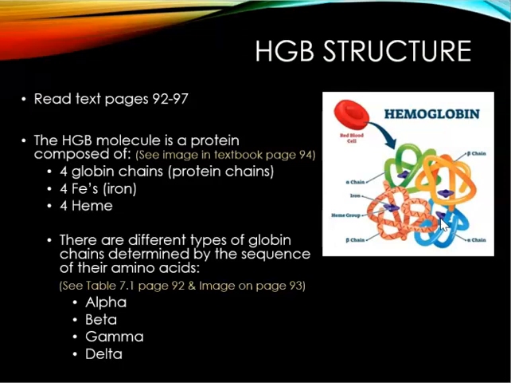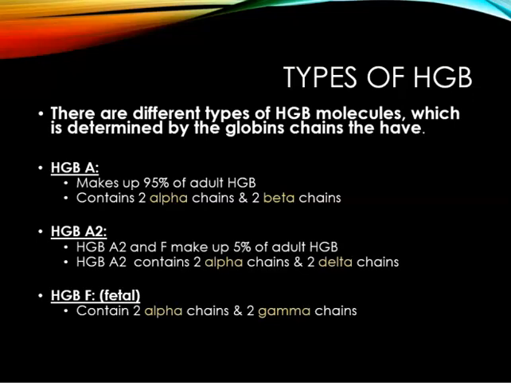There are different types of globin chains that are determined by the sequence of amino acids. So each chain is made up of different amino acids. So we have an alpha chain, we have a beta chain, we have a gamma chain, and we have a delta chain. So now let's compare the different types of hemoglobin.